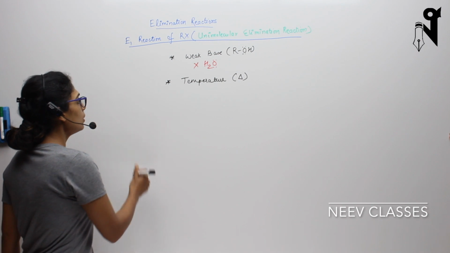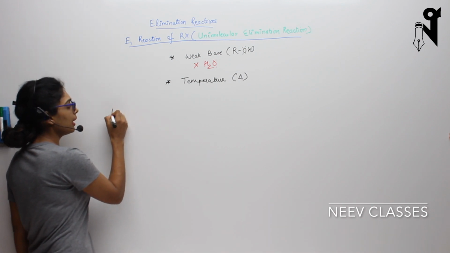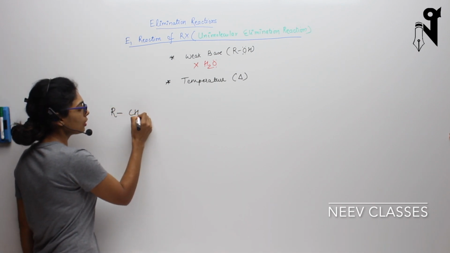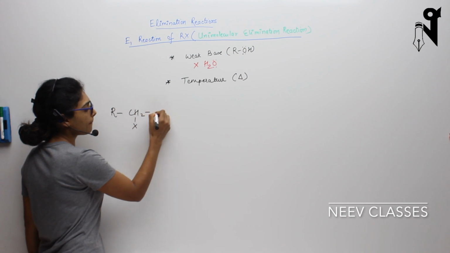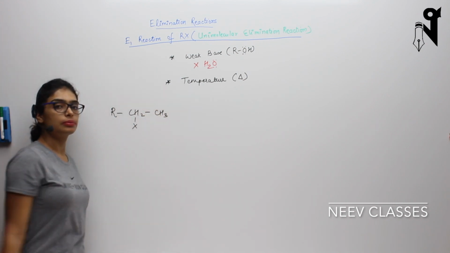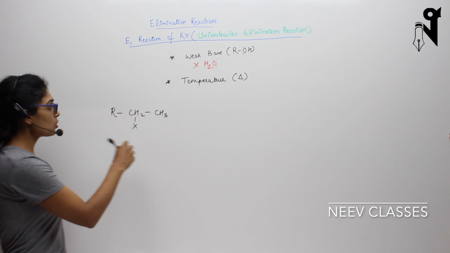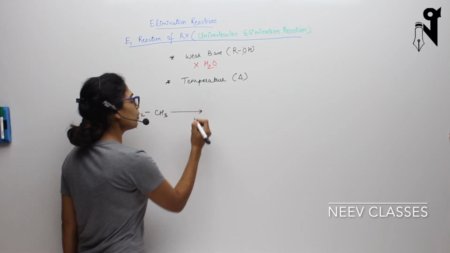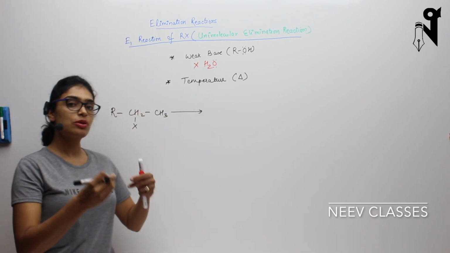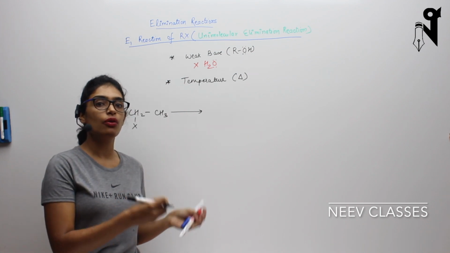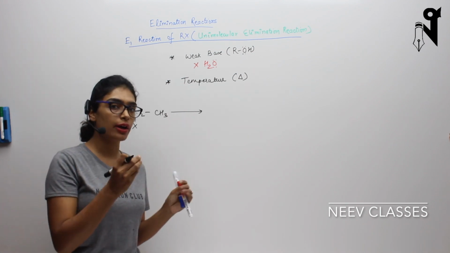We need a little amount of heat. Now let's take an example. I have a molecule like this. As I had discussed in the introduction of E1, first of all removal of X takes place and then the removal of hydrogen takes place.